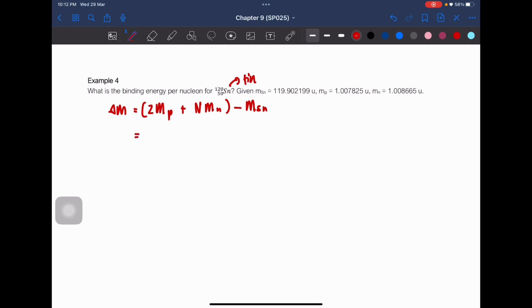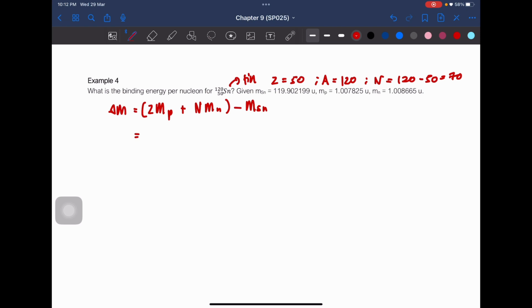I'm gonna assume that's the nucleus punya mass lah, sebab dia tidak bagi di sini. And then Z is based on the isotope number. It is 50. The value of A is 120. So the value of N is 120 minus 50, which is equal to 70.